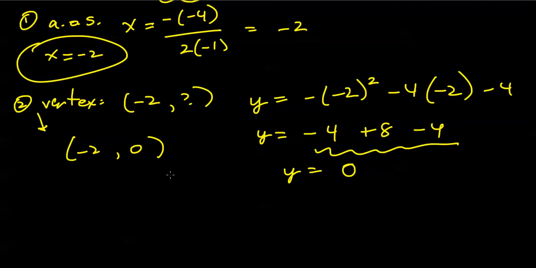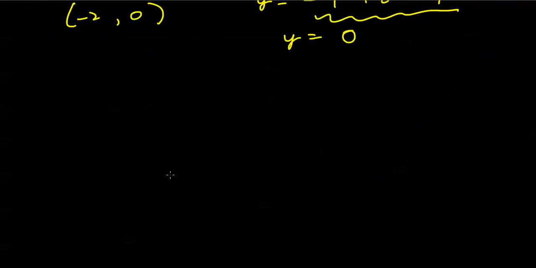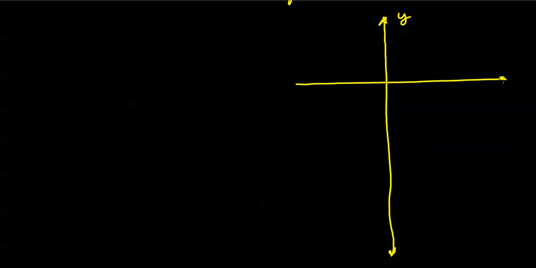Alright, let me plot those two quantities and then talk about symmetric points. So there's my y-axis. Here's my x-axis. The axis of symmetry from above is x equals minus 2. The vertex is, of course, the point minus 2, 0.